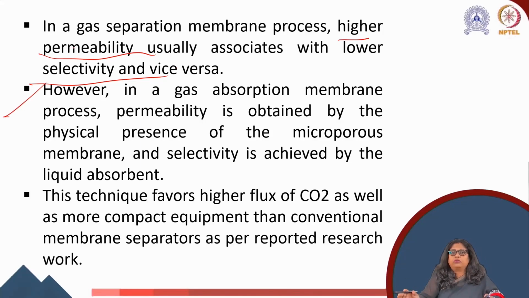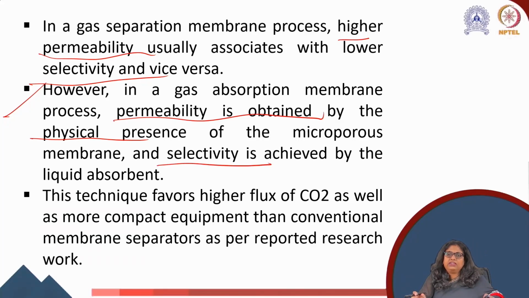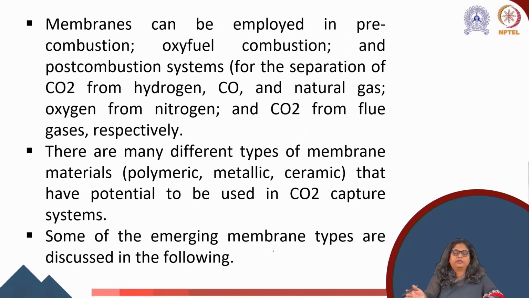However, in the gas absorption membrane process, permeability is obtained by the physical presence of the microporous membrane, and selectivity is achieved by the liquid absorbent. This technique favors higher flux of CO2 as well as more compact equipment than a conventional membrane separator, as reported by some research work.